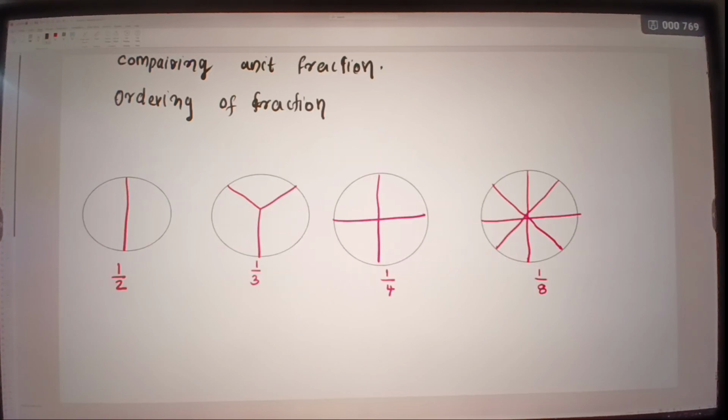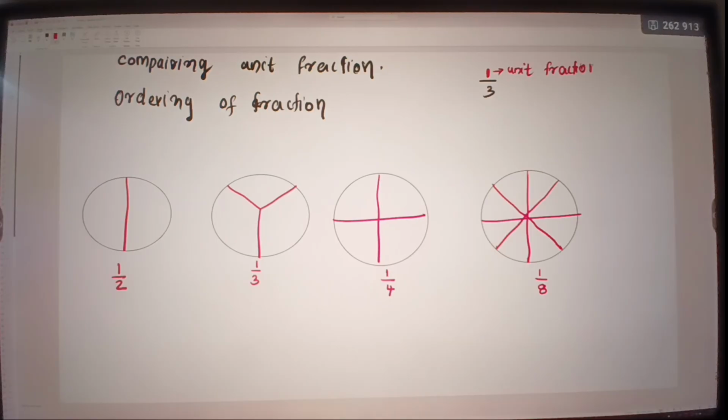First, comparing unit fractions. What do you mean by a unit fraction? If the numerator is 1, we call it a unit fraction.